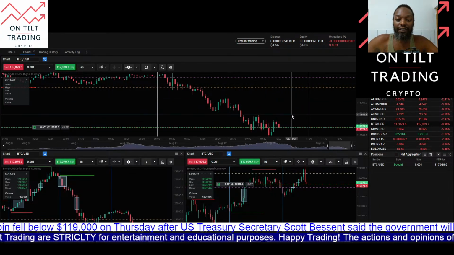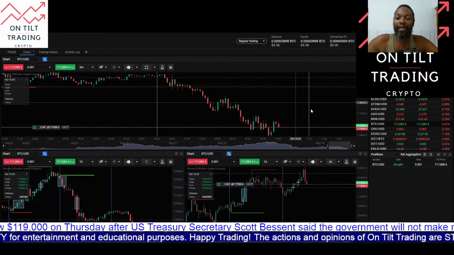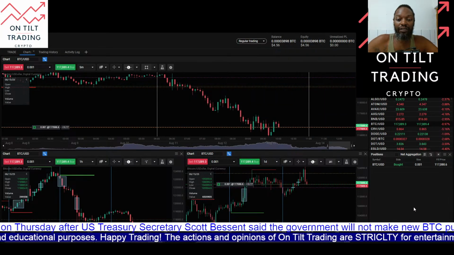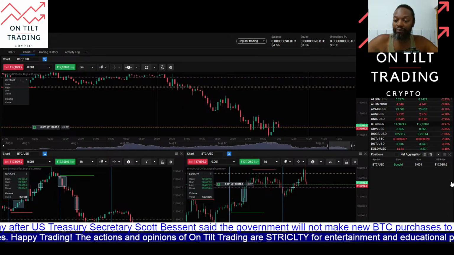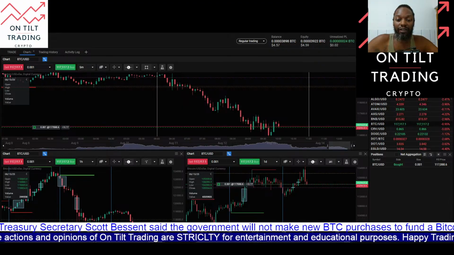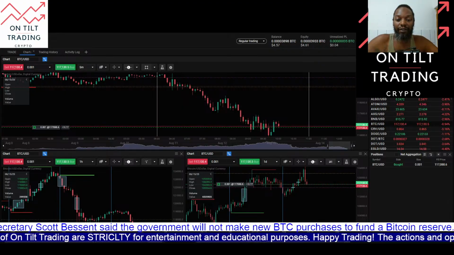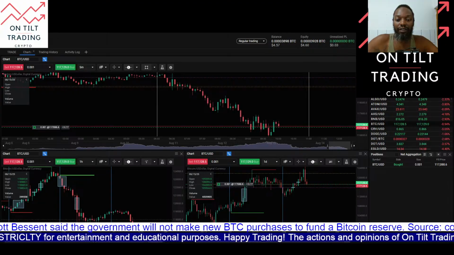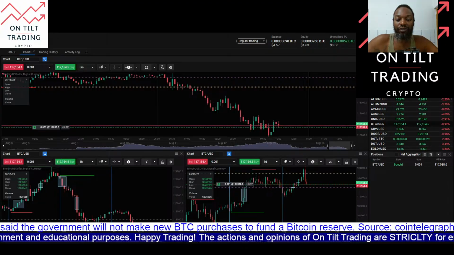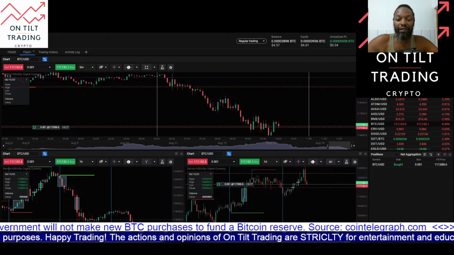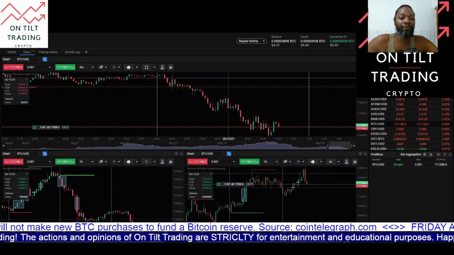You can see price now is pulling back and being delivered to the sell side here. And if you look here, there is a fair value gap right here. So you can see price has just traded back into that fair value gap. There's a bullish fair value gap.